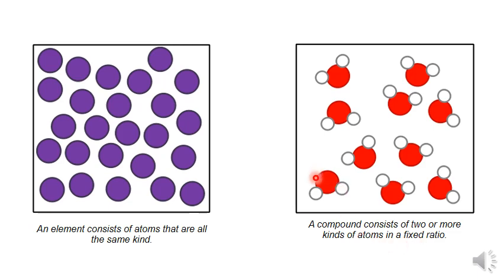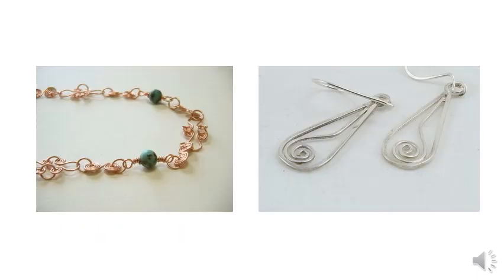Can you notice that the circles that we draw to represent the atom or the molecule are different sizes? Why do they draw them in different sizes? Because we have different elements, we have different atoms, as we said before. So here we have two examples. This is copper and this is silver.